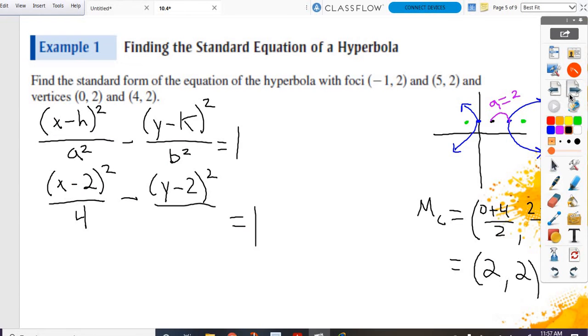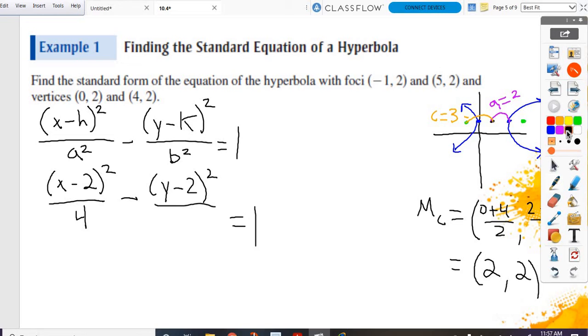Do we have our asymptotes on here? No. Okay. Now, do we have any other information on here, though? The foci. And what variable can we find from our foci? c. Our c value. So what is our c value going to have to be in this case? 3.